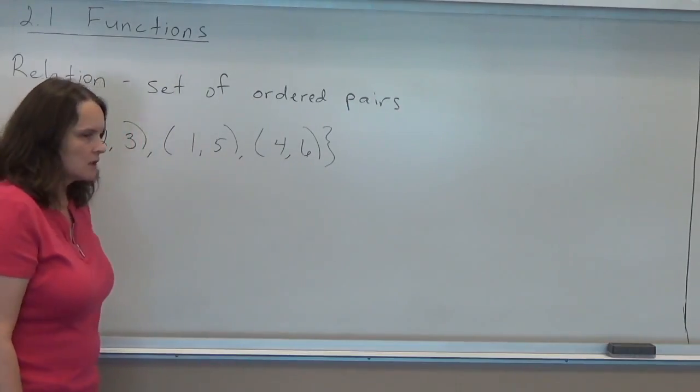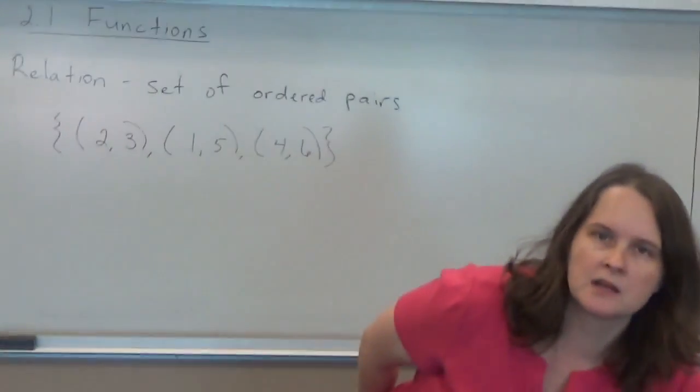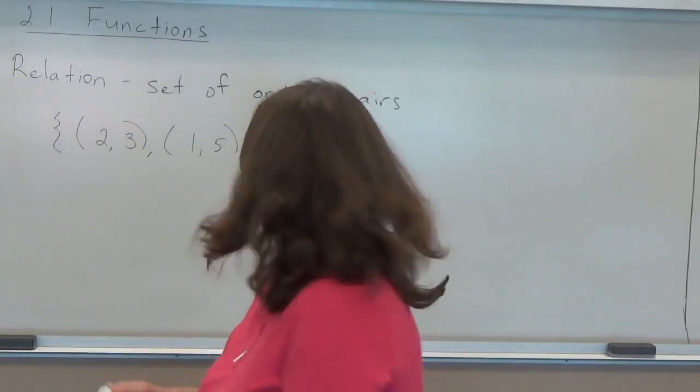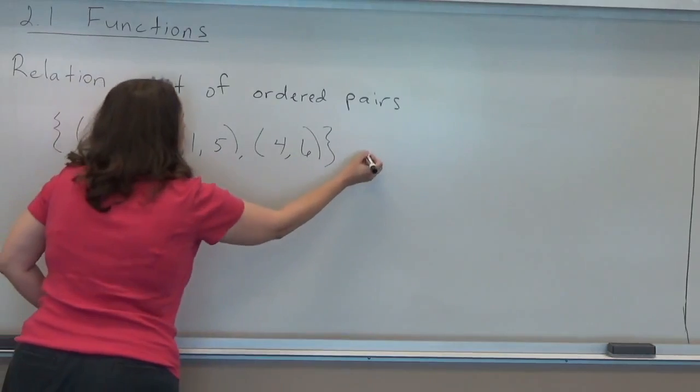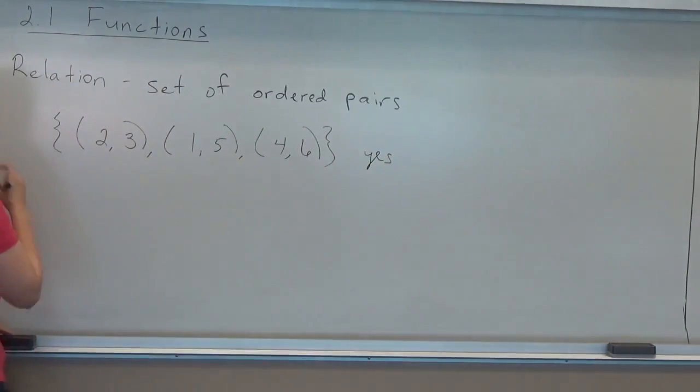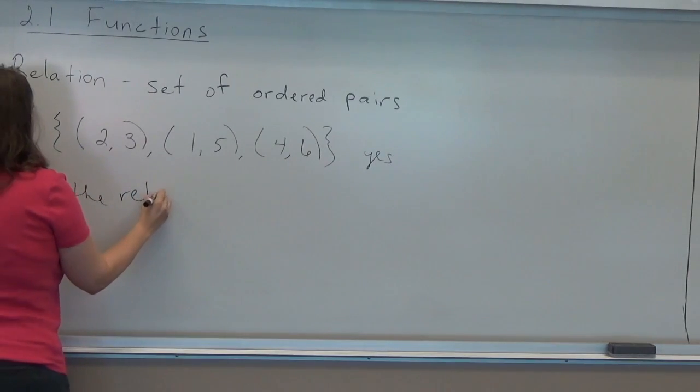All right, let's look at another example. So we're going to try to determine if a relation is a function. So this one we said yes. Is the relation a function?